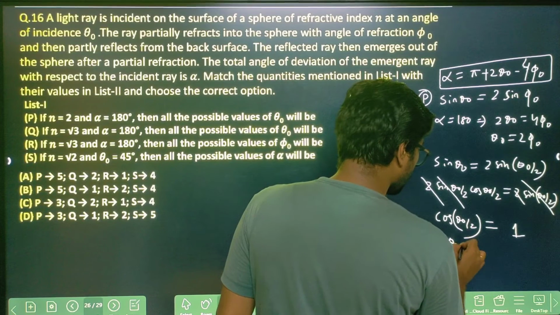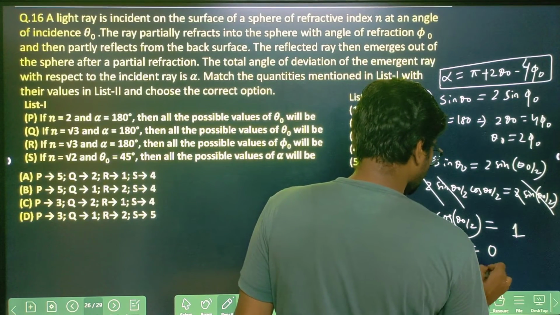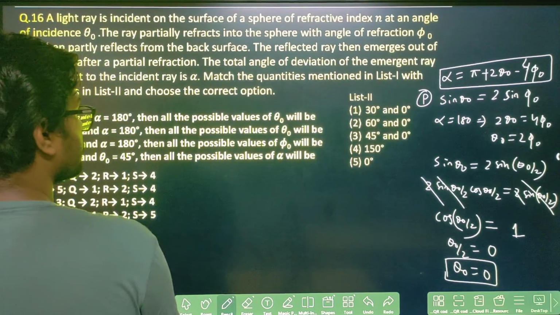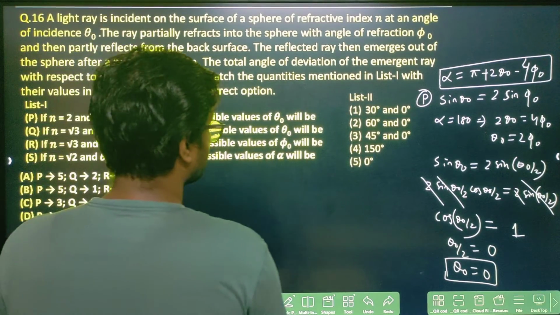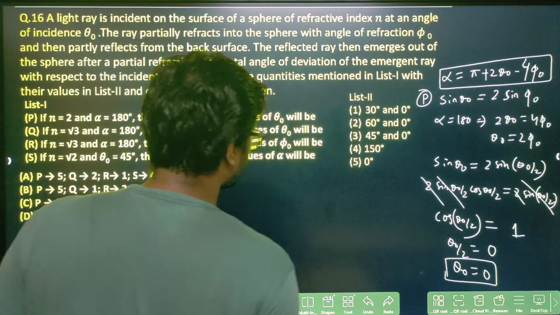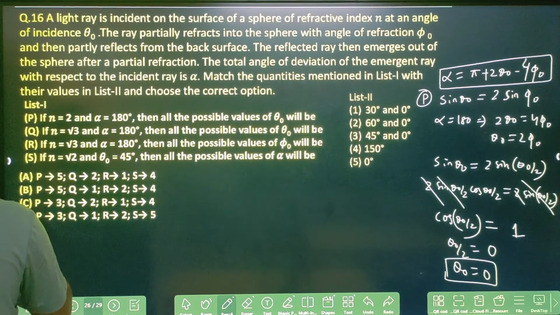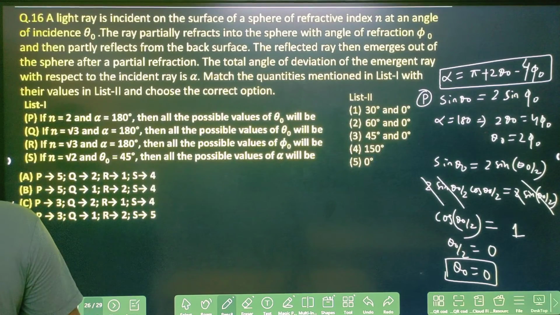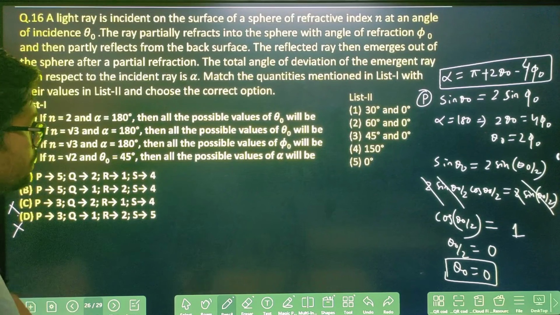So theta naught by 2 is equal to 0, so theta naught will obviously be 0. Which one is it matching? If you see here, option number 5 only has 0, right? So P is 5. So C and D are obviously eliminated here. So A and B are there, and in A and B they have given 5.